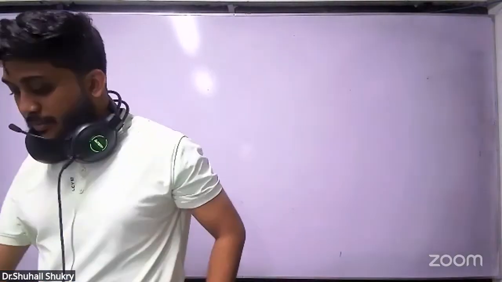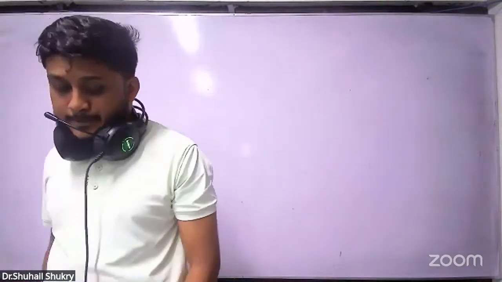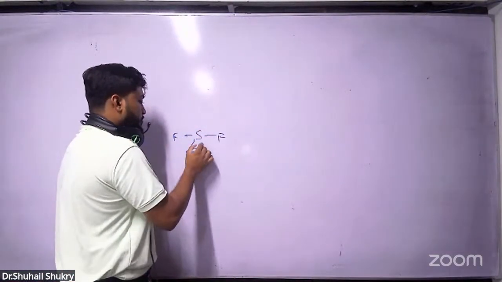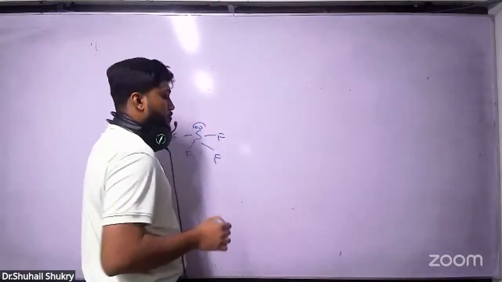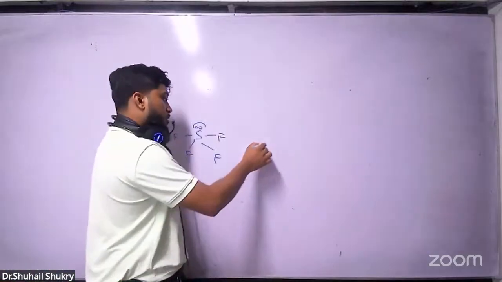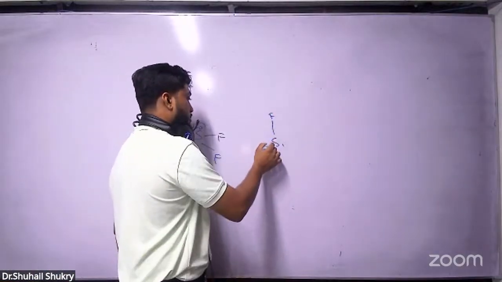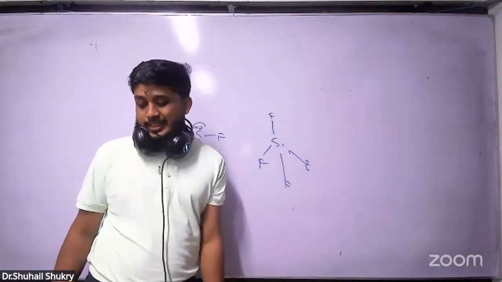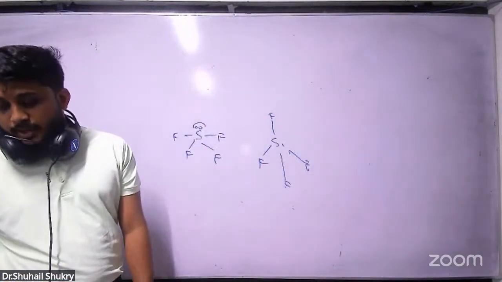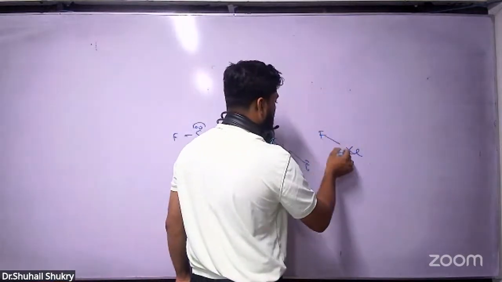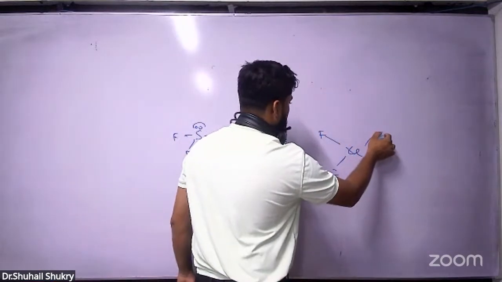When you see SF4, sulfur means 6 electrons, no? So SF4 means CSO, up and down. SiF4 means tetrahedral, because silicon is group 14. XeF4 is square planar.